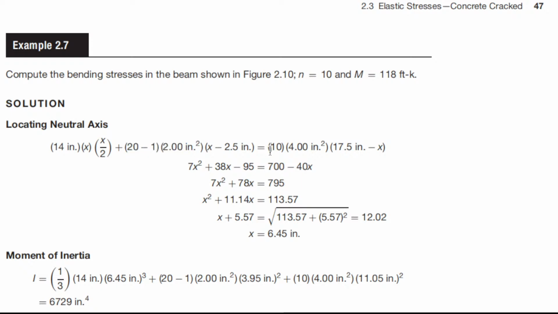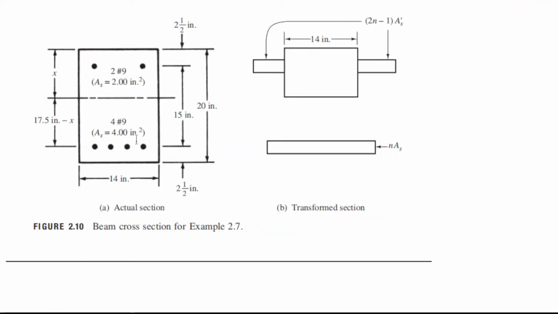What about the tension side? For the tension side, we have the area of the bottom bars. What is the area of the bottom bars? n times As, so 10 times 4, that is 40. What is the moment arm? The moment arm is from the center of the bottom bars up to the neutral axis.